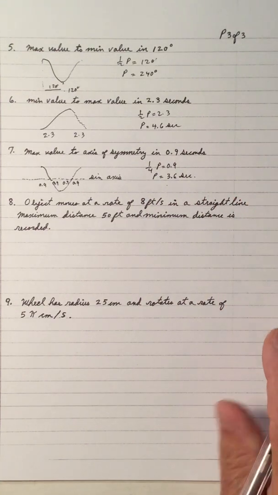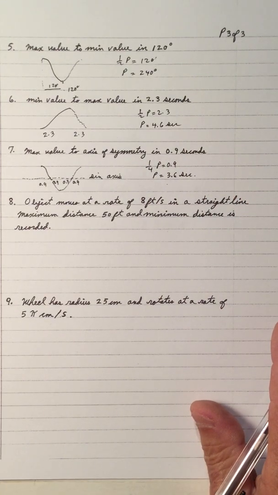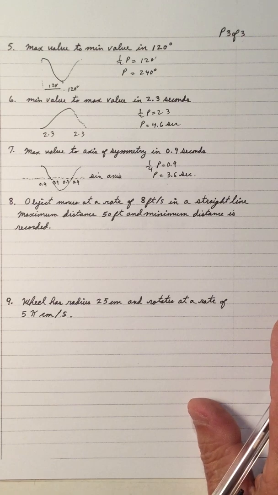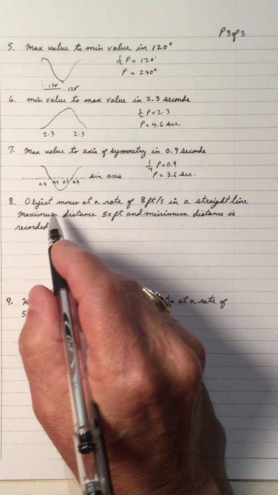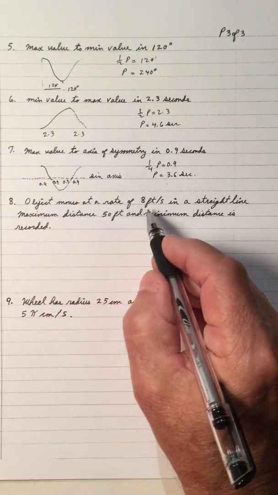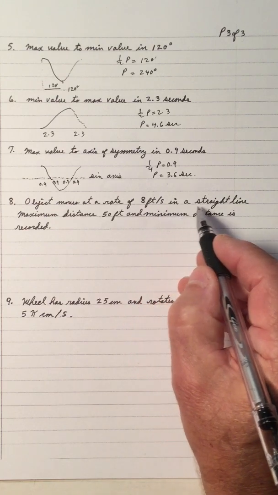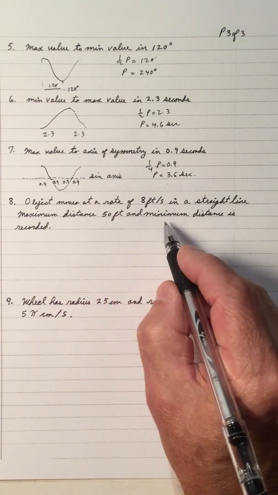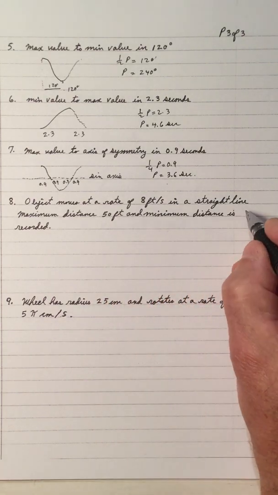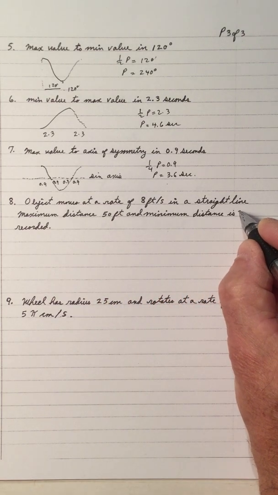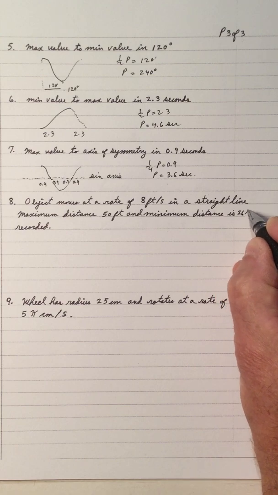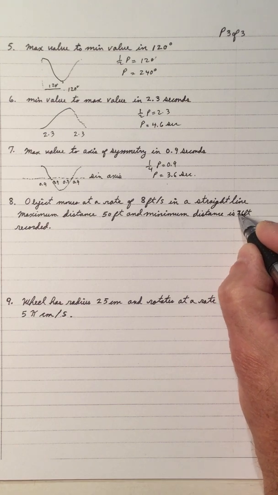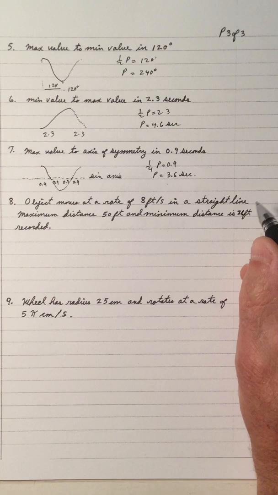Number 8, I made up 2 little different problems here in terms of the period. An object moves at a rate of 8 feet per second in a straight line. The maximum distance is 50, the minimum distance is, and I forgot to put in when I read it, 26.